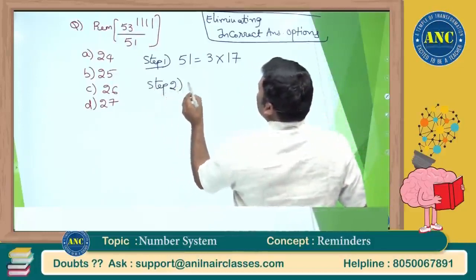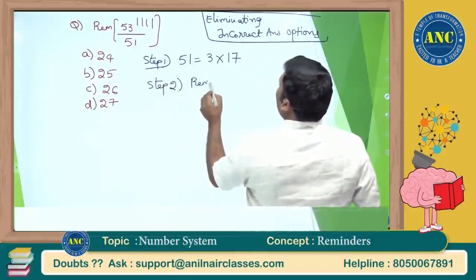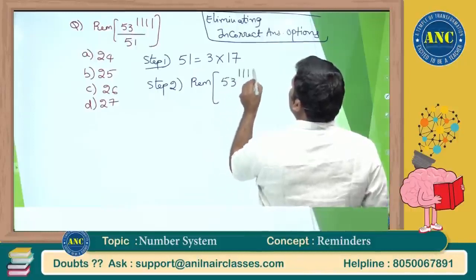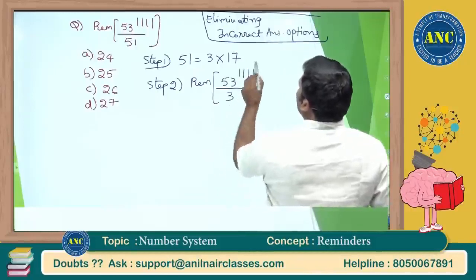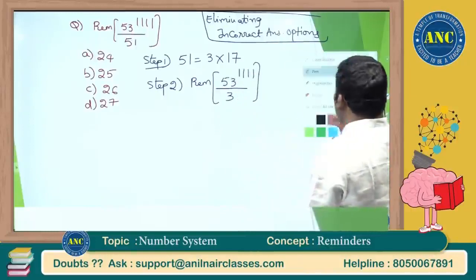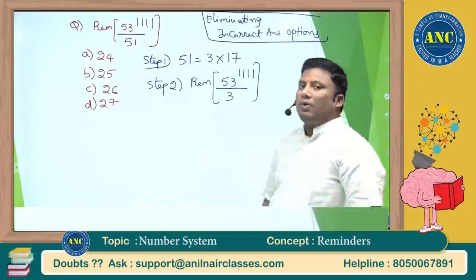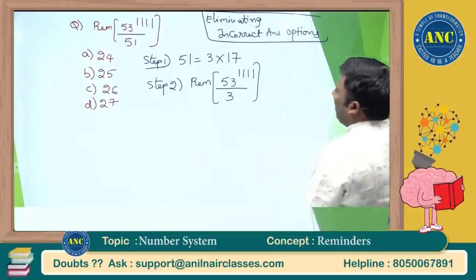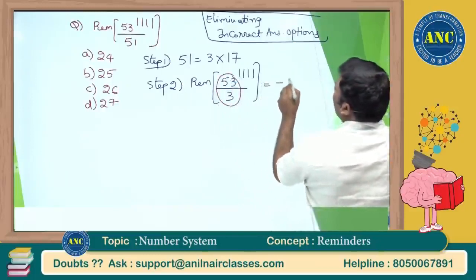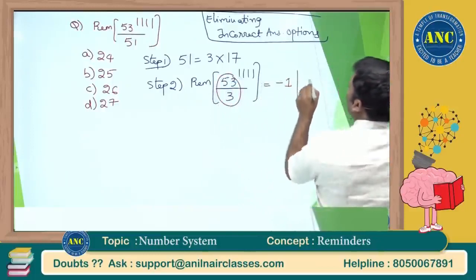Step number 2: we have to use the divisibility rule of 3 and the divisibility rule of 17. Let me use the divisibility rule of 3 first. 53 power 11111 divided by 3: 3 18s are 54, so it is minus 1, and minus 1 power odd is minus 1.